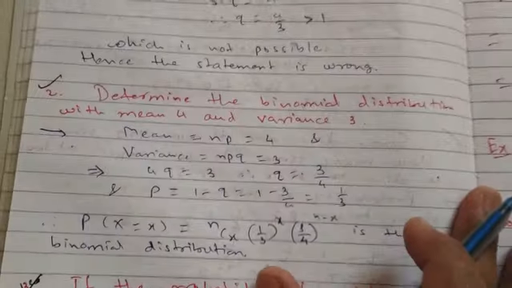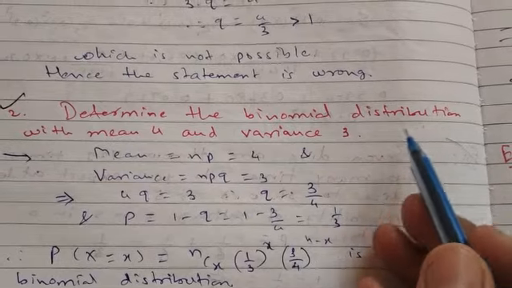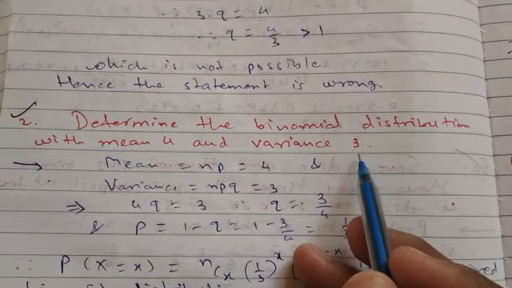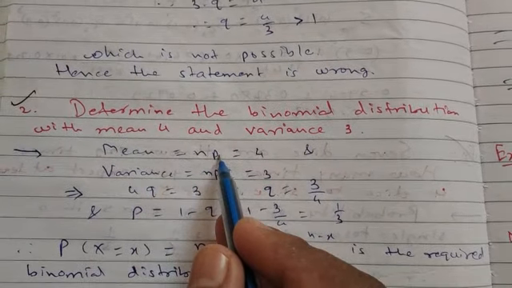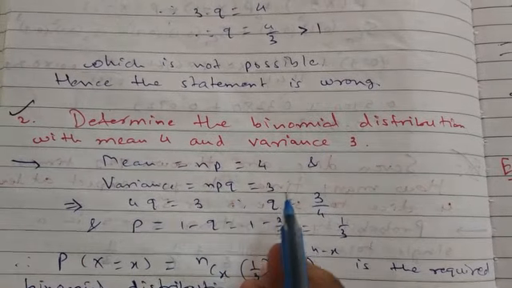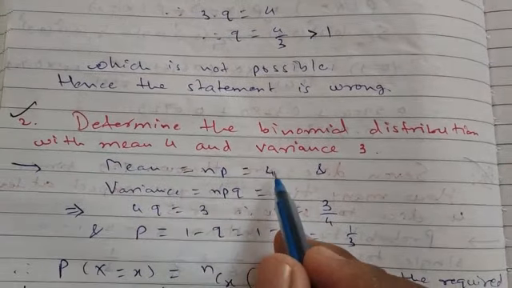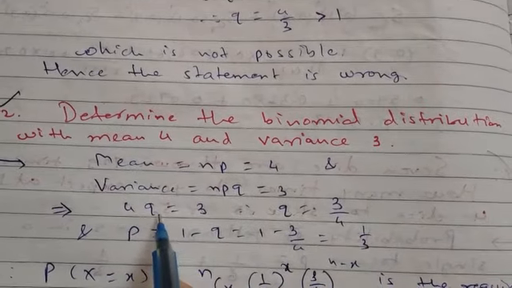Now the second example: determine the binomial distribution with mean 4 and variance 3. The mean is given. Mean means n into p, which is 4, and the variance is n into p into q, which is 3. So here n into p is 4, so 4 into q is 3. So q is 3 by 4.